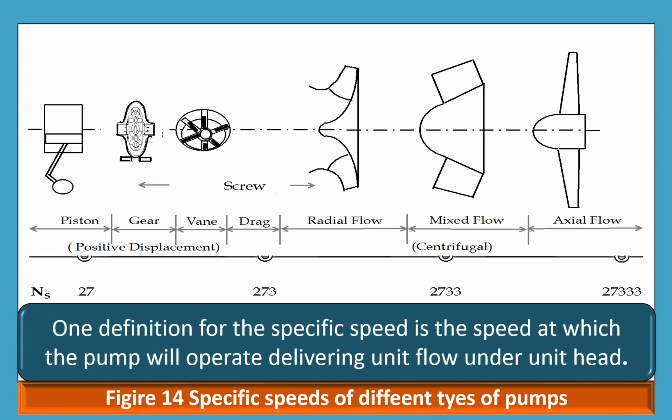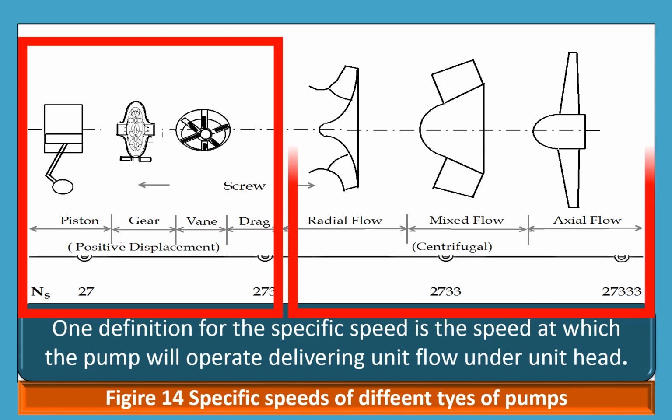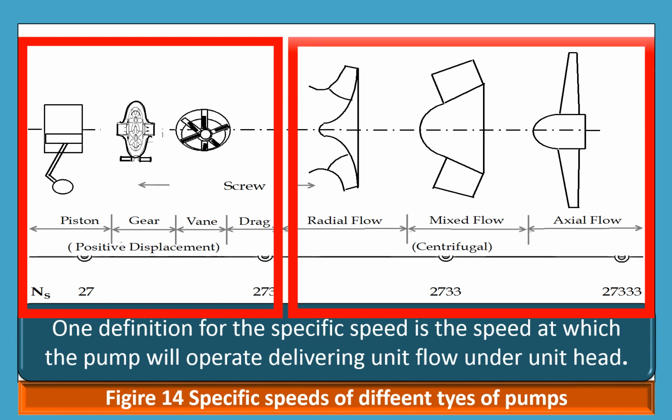Positive displacement pumps have low specific speed, ranging from 27 to 275. Centrifugal pumps have specific speed varying from 500 to 20,000. Reciprocating pumps have the lowest specific speed. That means the lowest flow to head ratio.